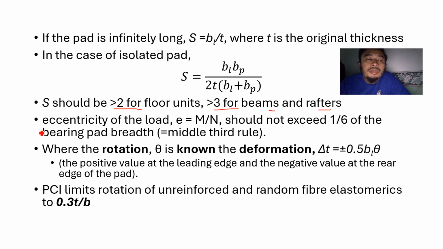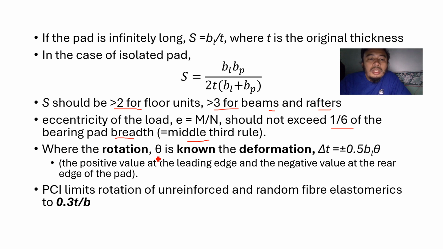The eccentricity of the load, E, which is equal to moment divided by axial force, the vertical force, N, should not exceed 1/6 of the bearing pad breadth. The middle third rule. So if it is 60 mm breadth, the eccentricity should not exceed 10 mm.